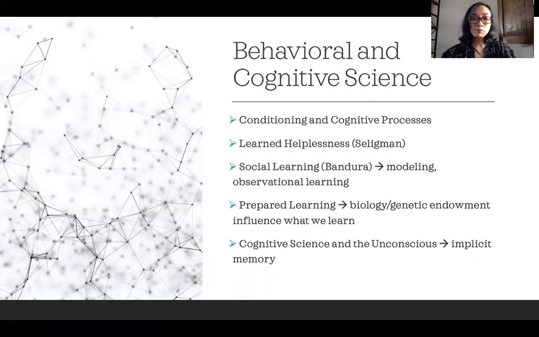For example, here is learned helplessness by Martin Seligman. This condition occurs, from the experiments done by Seligman, when rats or other animals encounter conditions over which they have no control. For example, if a rat is confronted with a situation in which it receives occasional shocks, it can function well if it learns it can cope with the shock by doing something to avoid it, say pressing a lever.